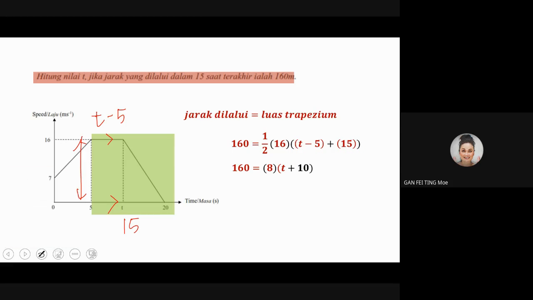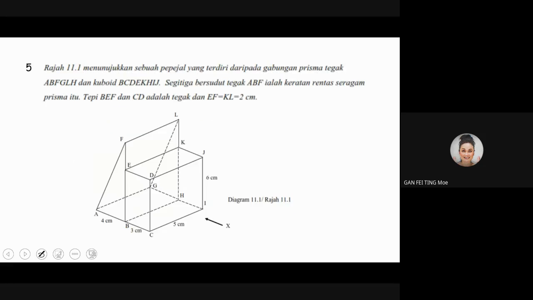Solve this one, you get 8. Simplify. Then 160 divided by 8, you get 20. Then t is equal to 10 seconds. Done. Four lines only, with what you understand.